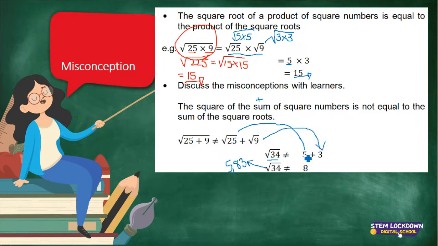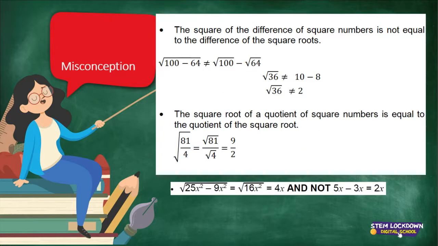Now, add these two. 5 plus 3 is 8. Now, notice 8 is not the same as the square root of 34. The square root of 34 is 5,8. So 8 is not the same as 5,8. So that's why I said this is not true. It's not equal. That is the first misconception that learners have.